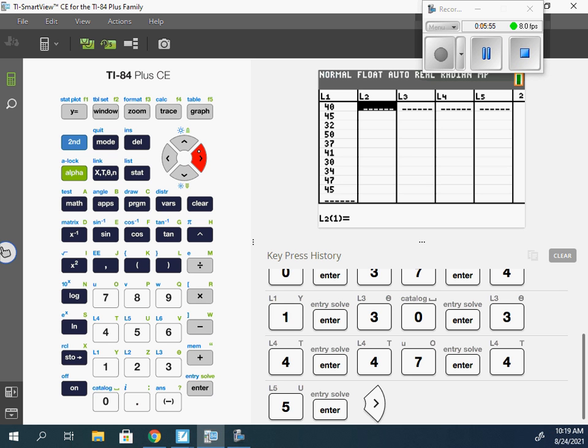Yes, so once we get all those in, we're going to do the Y in L2 and make sure it should line up. So 40 and 170 should be right next to each other.